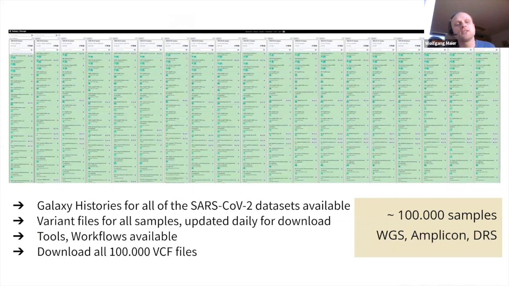Just to summarize what we've done, by now we really looked at, as I said, around 100,000 samples. We're usually analyzing our data in huge batches of many hundreds to thousands of samples, and we produce a history for each batch. Usually, not always, we can do this grouped by the origin of the sample.